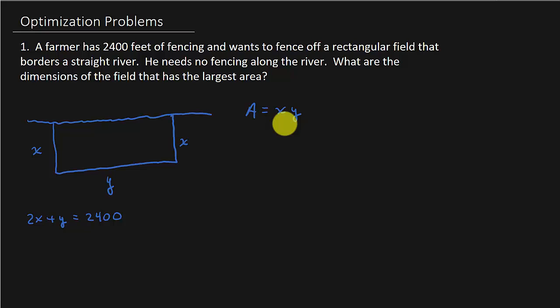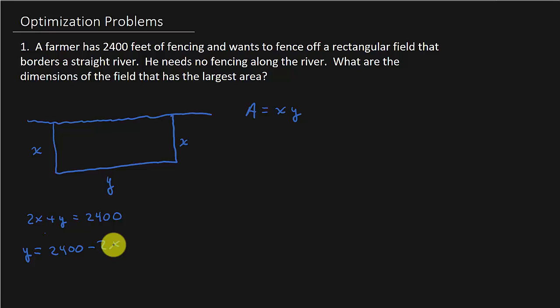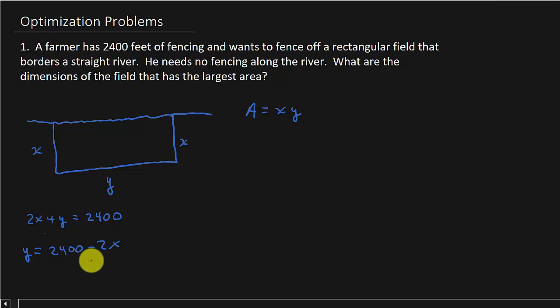Well, over here I've got 2x plus y equals 2,400. So if I solve for y, I get y equals 2,400 minus 2x. So I can take this 2,400 minus 2x, which is equal to y, and plug it in for y.